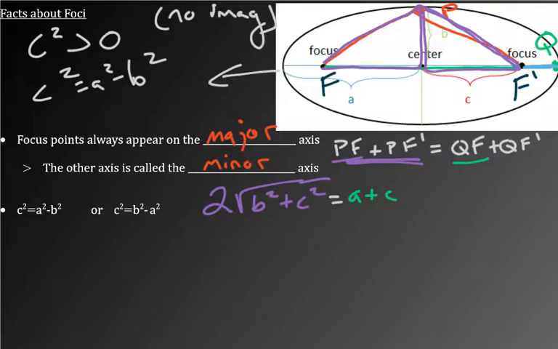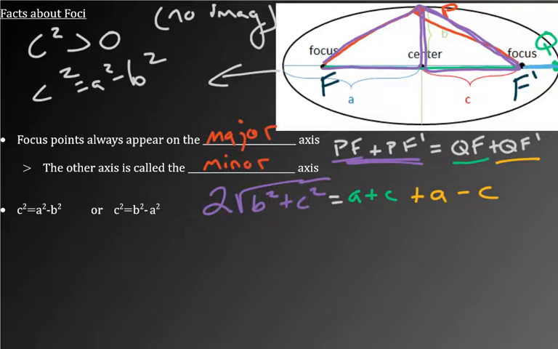And Q to F prime, we'll do this in yellow. This little distance, this is a, this is c. If you just do subtraction, the little piece left over is a minus c. So QF prime is a minus c.